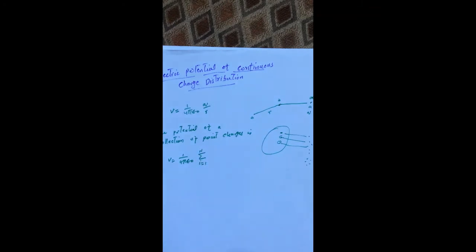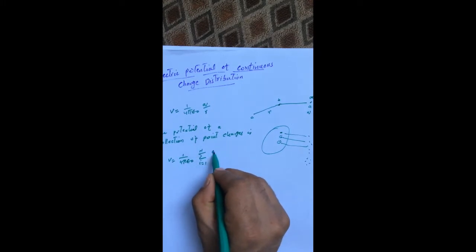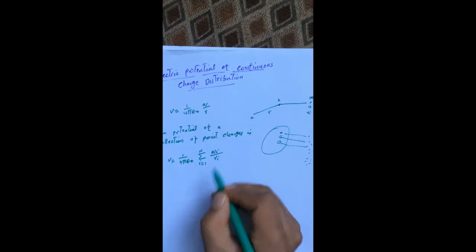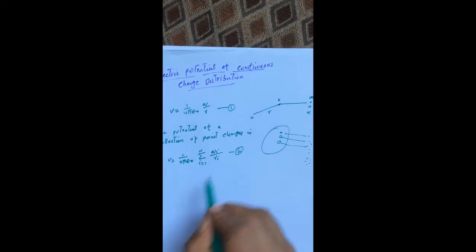Let's suppose we are bringing n charges to this region, then its potential is given by this relation, Qi over Ri. Let's say this is equation number 1 and this is equation number 2.